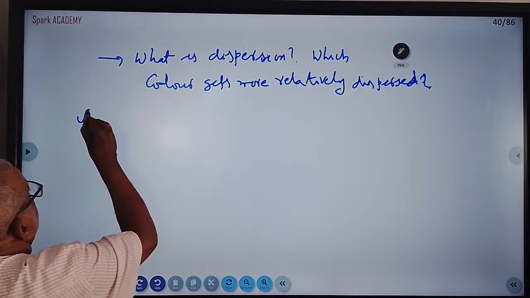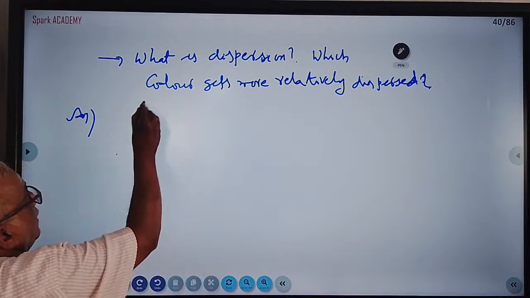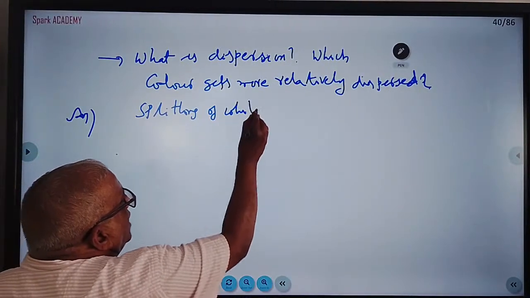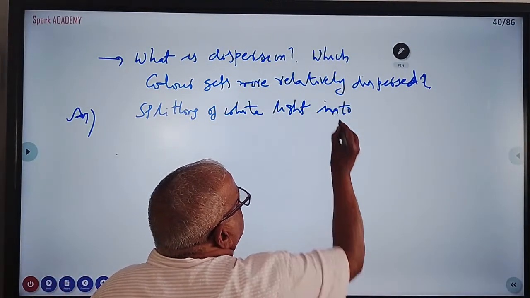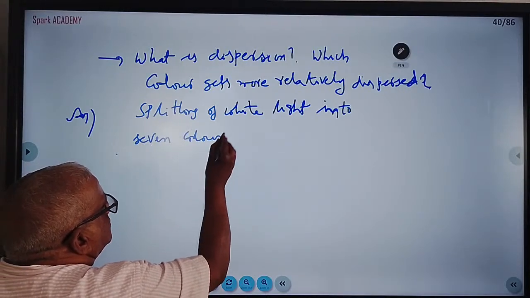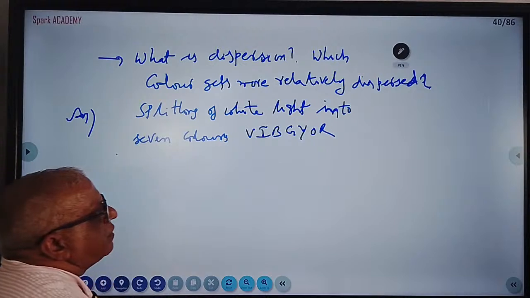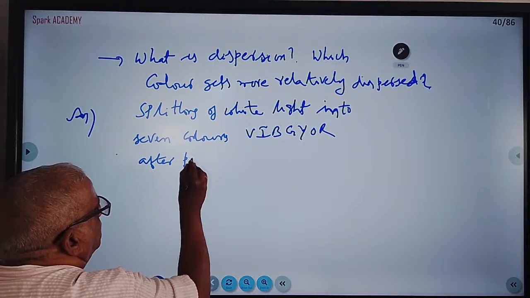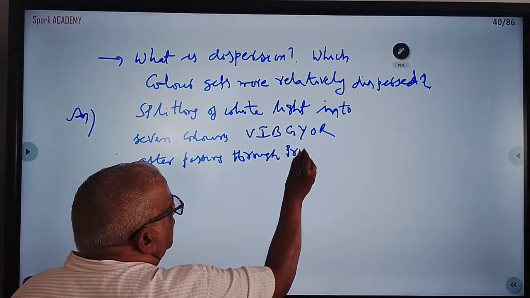Answer. What is dispersion? It is the splitting of white light into 7 colors, VIBGYOR, which means violet, indigo, blue, green, yellow, orange, red, after passing through a prism or lens.